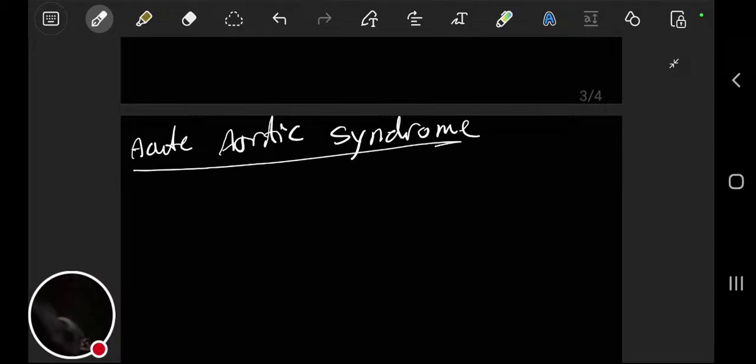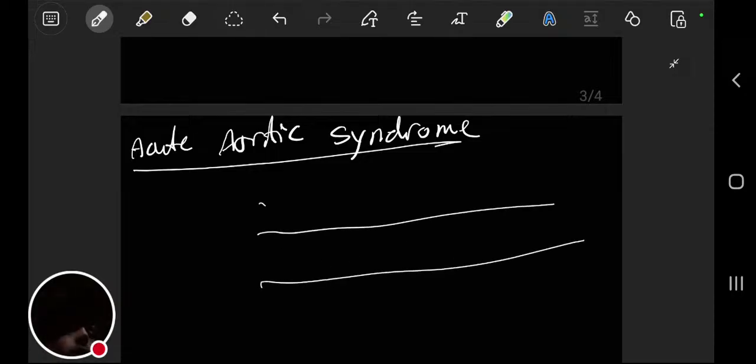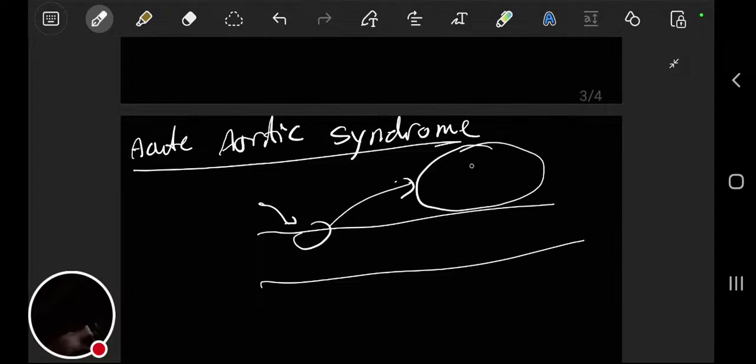Okay, so when we're talking about acute aortic syndrome, it's a clinical spectrum of related diseases that are characterized by damage to at least one component of the aortic wall and present with severe chest pain. Regarding the aortic wall, if I zoom up here, I see three layers: the adventitia, the media, and the intima.